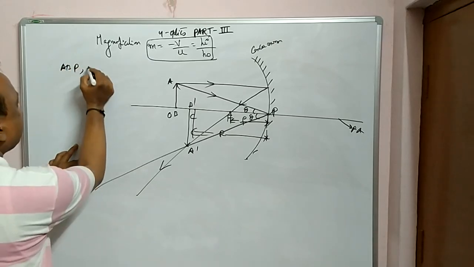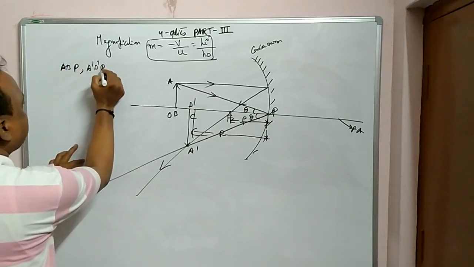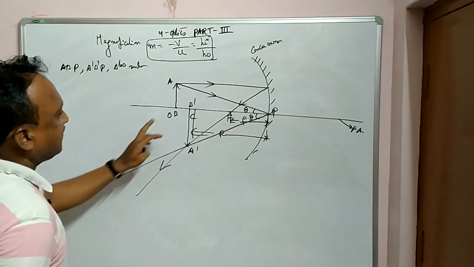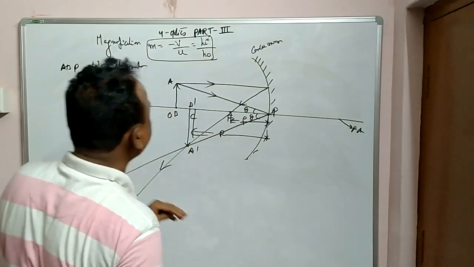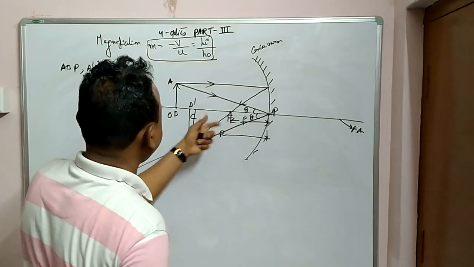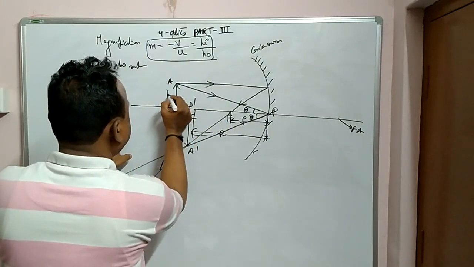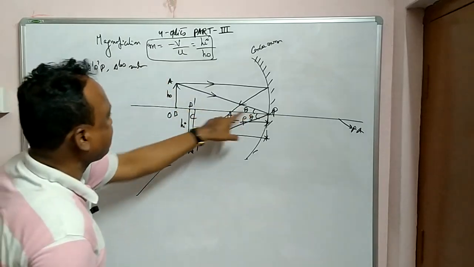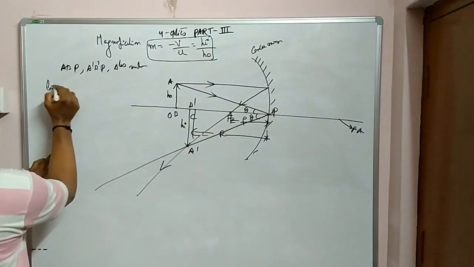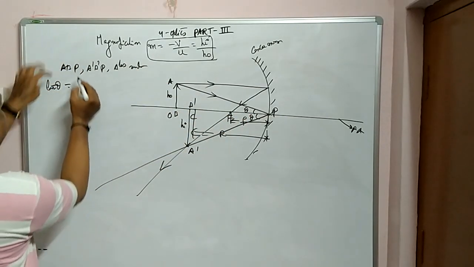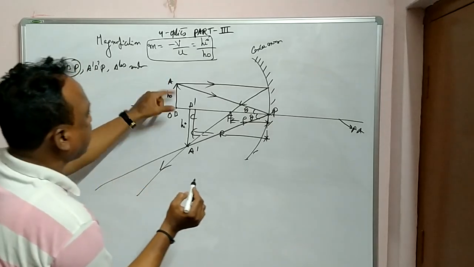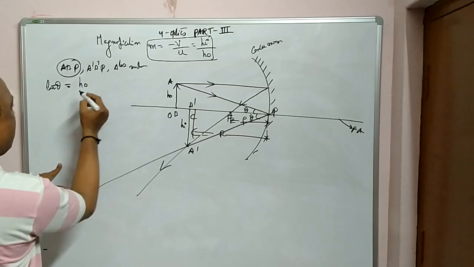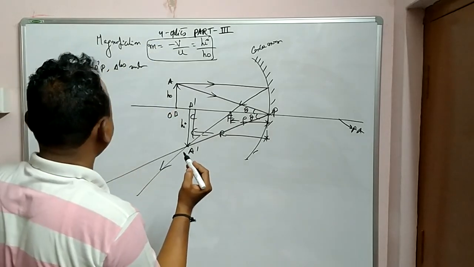Now observe carefully, ABP and A dash B dash P are similar triangles. When both are similar, you can apply the rules. Opposite by adjacent is equal to opposite by adjacent. This is height of the object and this is the height of the image. So from this, what is tan theta? In triangle ABP, what is tan theta? Opposite by adjacent. Opposite with the sign. So opposite, this is above the principal axis, positive.